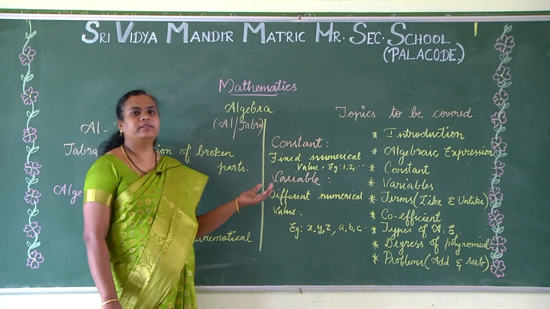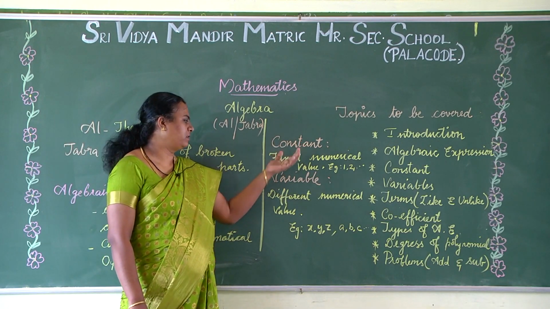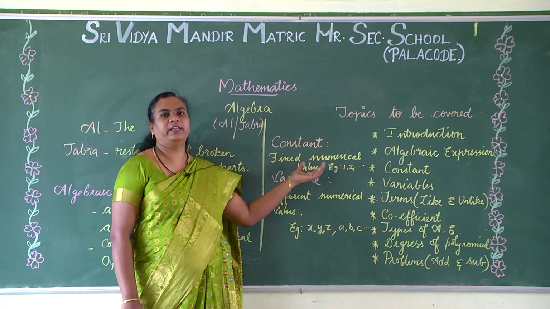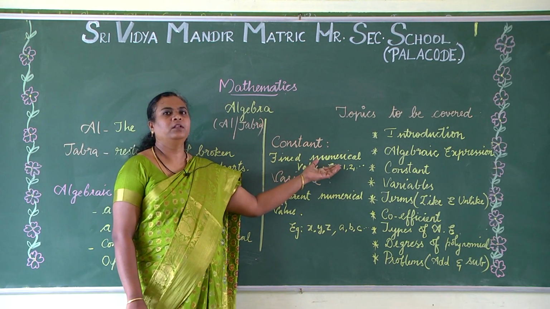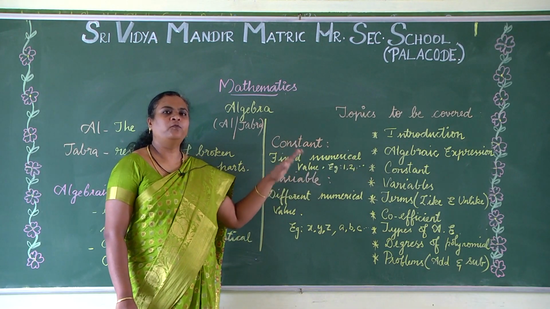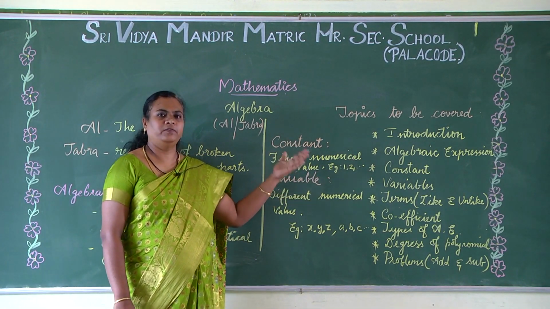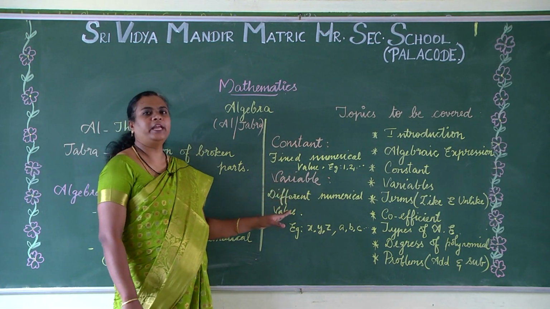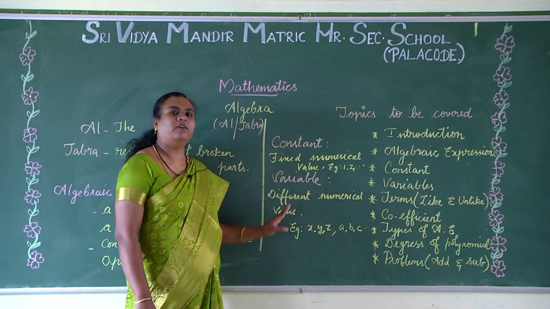Before going to an example, we want to know what is constant and what is variable. Constant means a fixed numerical value. Example: 1, 2, 3, etc. The value of 1 is fixed. Wherever we go, the value of 1 is fixed. Variable means a different numerical value.